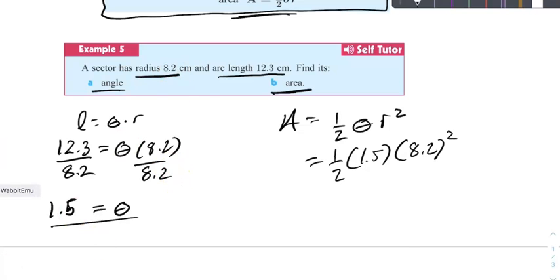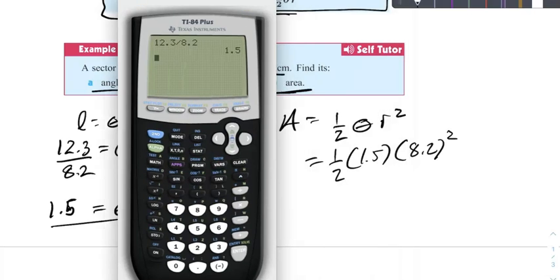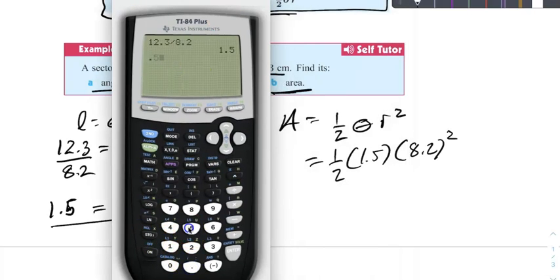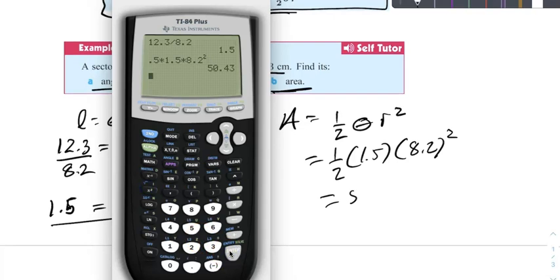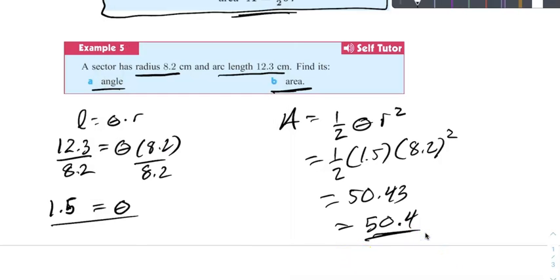Let's put that in my calculator. 0.5 times 1.5 times 8.2 squared, and I get 50.43. A lot of times in IB, you want to put it in 3 sig figs, so 50.4 is also acceptable. So that's the general gist of it.